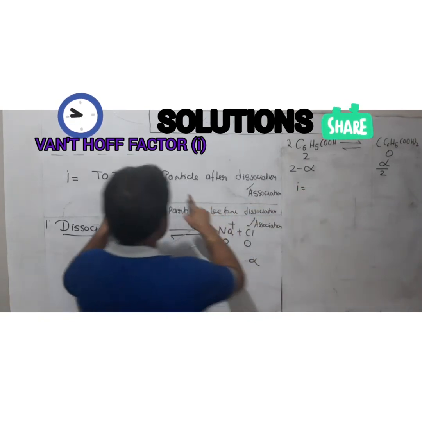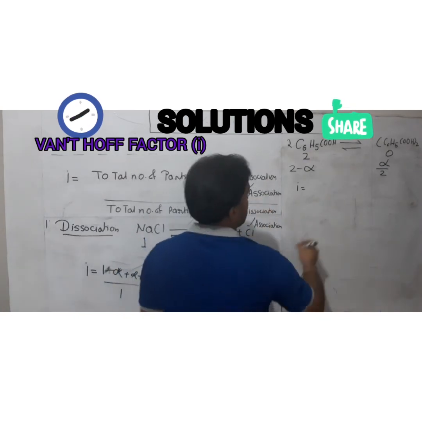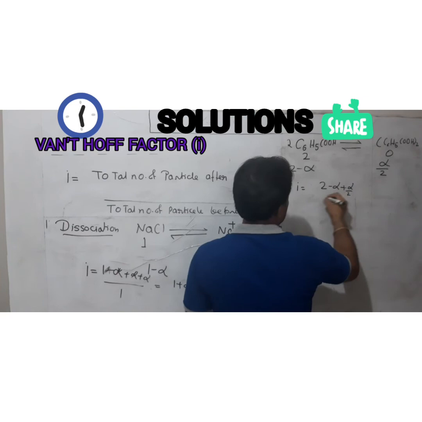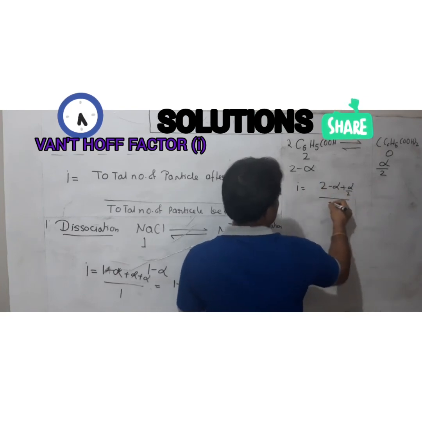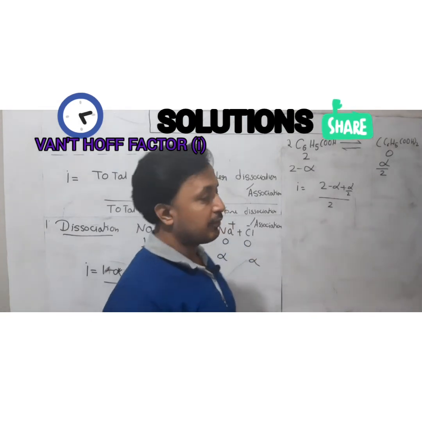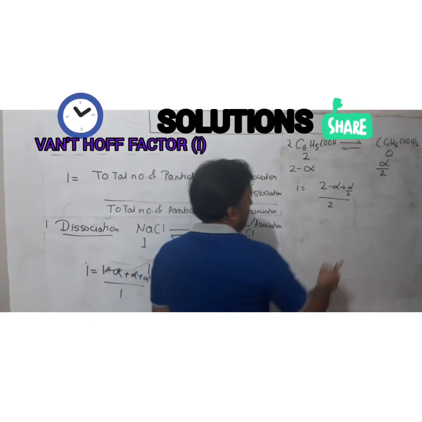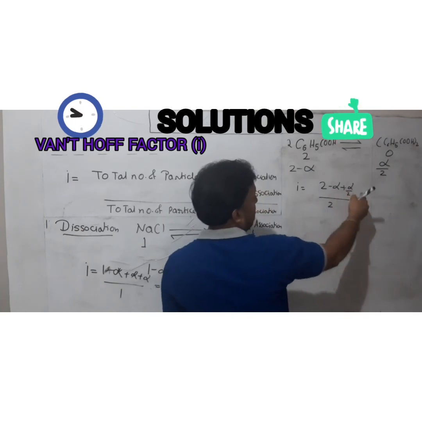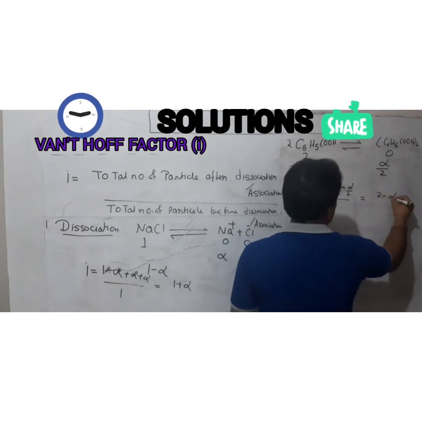Total number of particles after association. After association means 2 minus alpha plus alpha by 2, divided by 2. That depends upon the number of moles, that may differ for different kinds of reactions. So basically what is going to happen? 2 minus alpha plus alpha by 2, that is 2 minus alpha by 2, divided by 2.